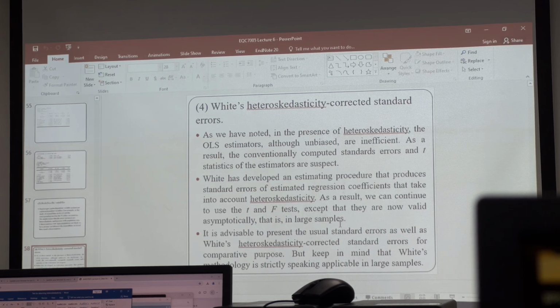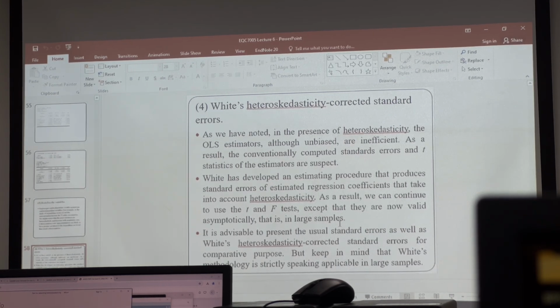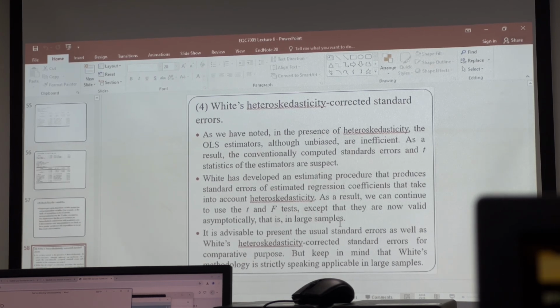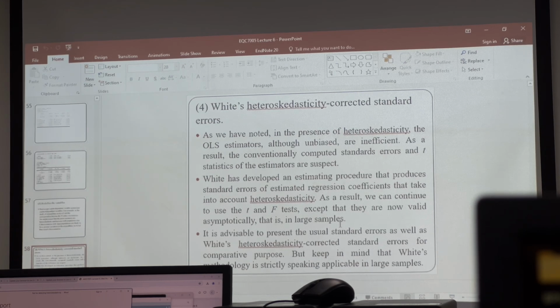Okay, when we talk about large sample size, normally it refers to observations greater than 30, but for this one you should aim to have larger. That's why last week I mentioned to you, for your group assignment, try to have at least 50 observations.